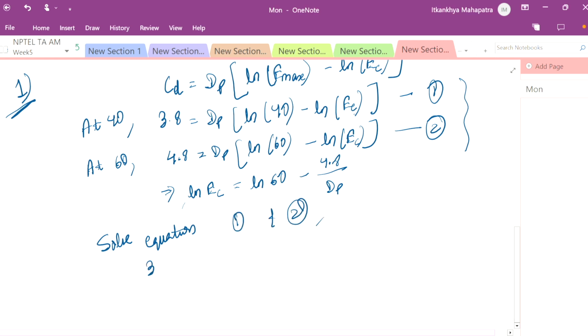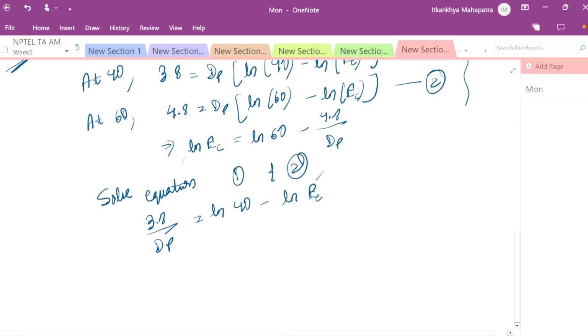You will get 3.8 by dP is equal to ln 40 minus ln EC, or ln EC is equal to ln 40 minus 3.8 by dP.